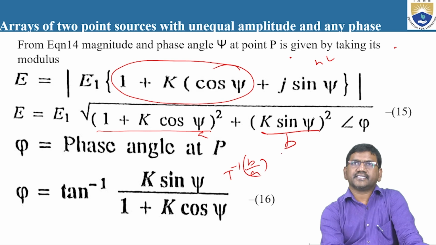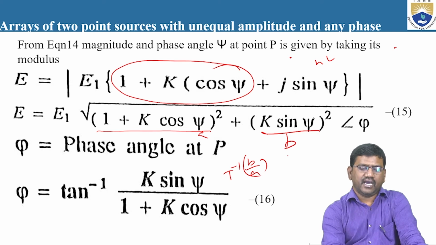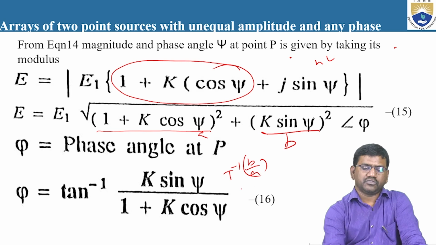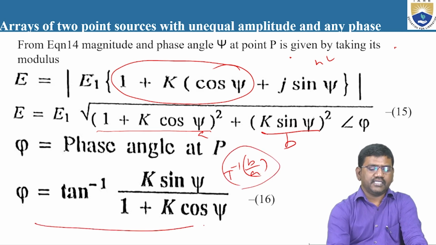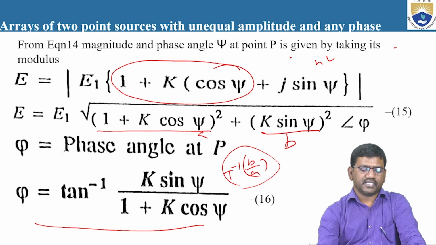B here is k sin psi, and A here is 1 plus k cos psi. If we substitute these in tan inverse of B by A, you will get the angle equal to tan inverse of k sin psi by 1 plus k cos psi.